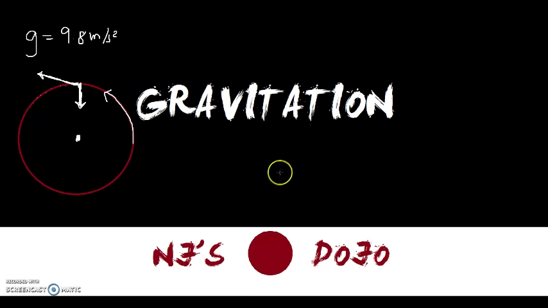Now basically, gravity is everywhere, and we need to understand this concept in order for us to truly grasp the idea of gravitation, or how circular motion compels society or everyday physics.